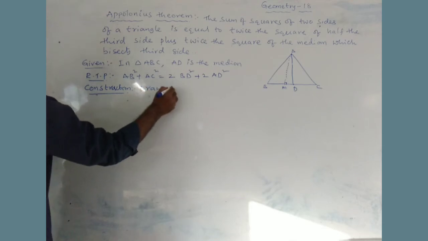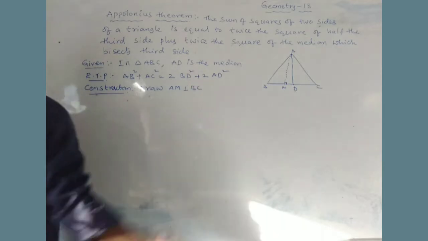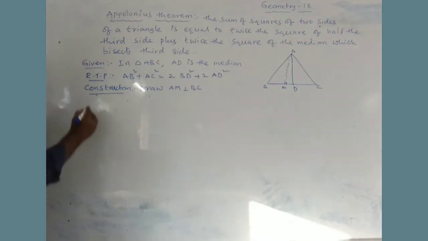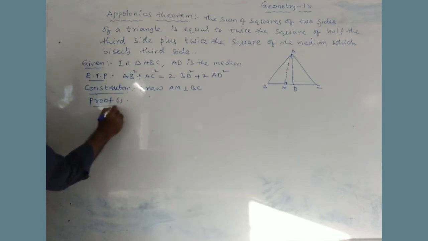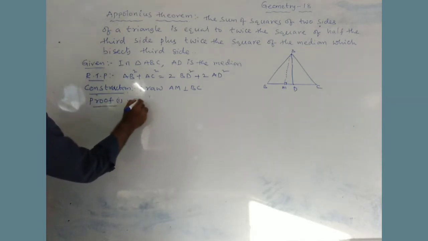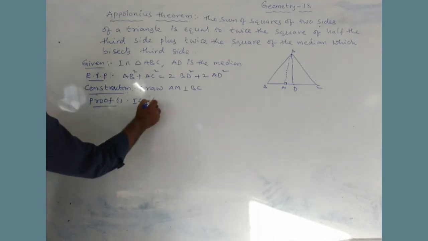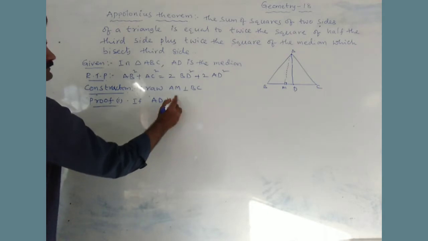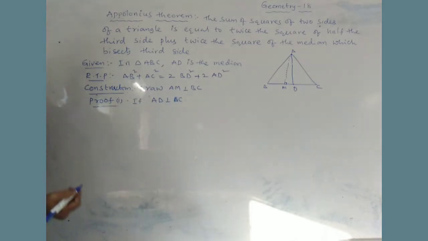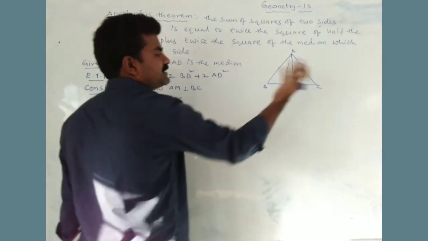Coming to proof, case 1: suppose AD is perpendicular to BC.